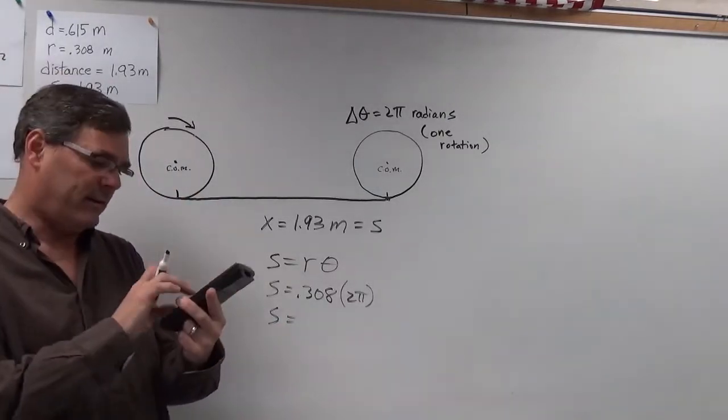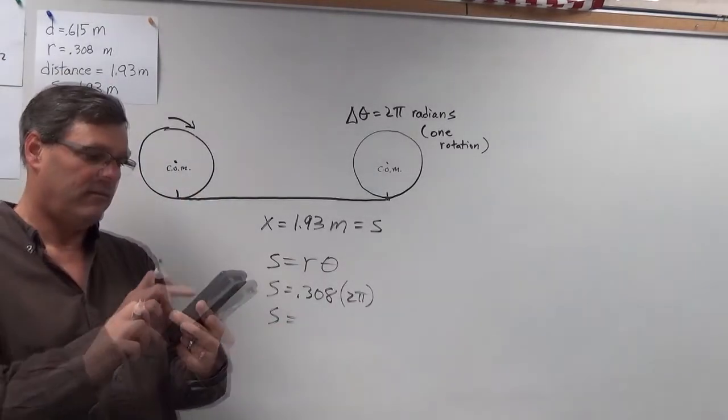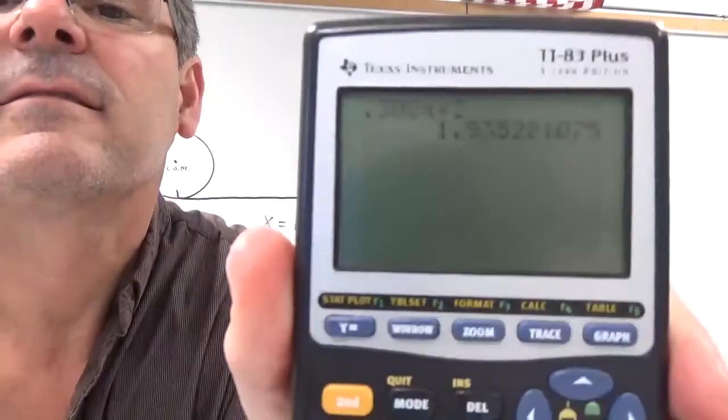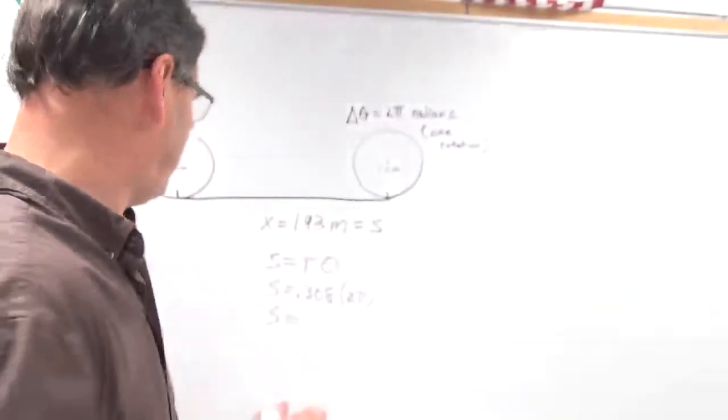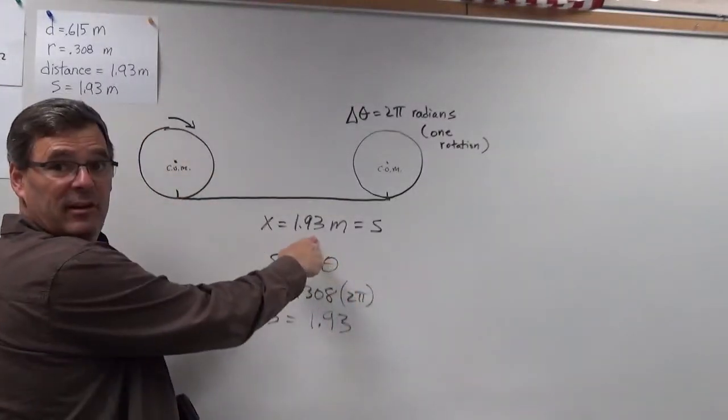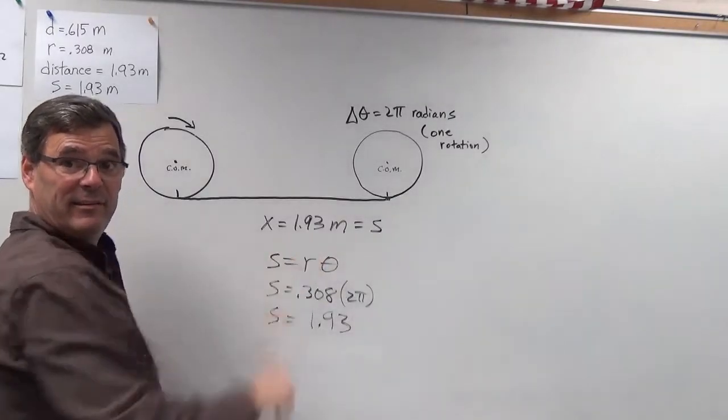And when I get my calculator and punch it in, 1.93, which matches the distance that I measured, the linear distance that I measured.